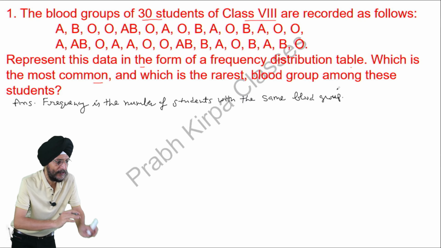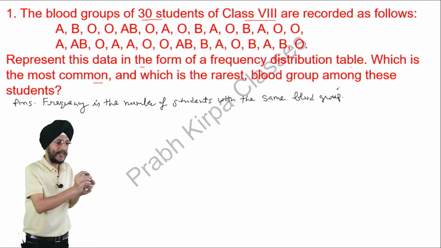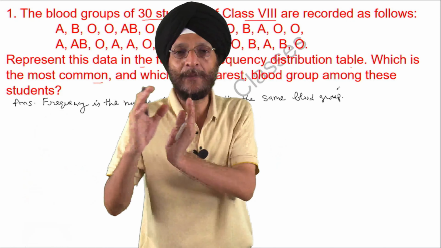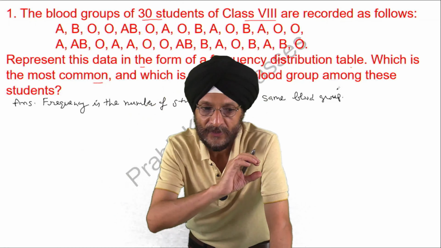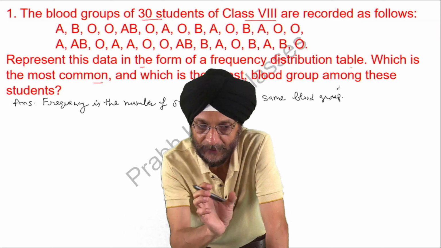That is, we will find out how many students have A blood group, and how many students have B blood group, and form the same in the form of a table.